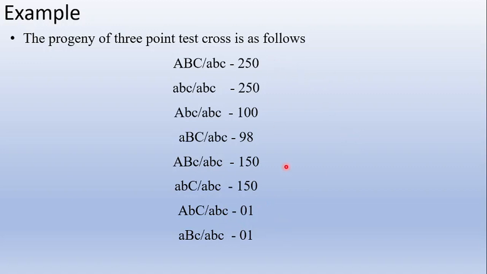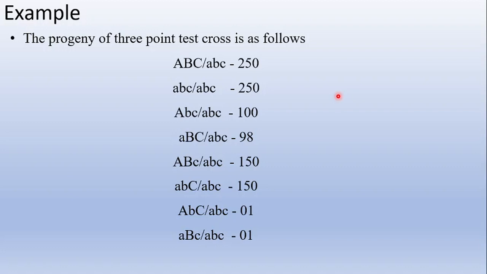Why? Because there is a deviation from the normal test cross ratio of a trihybrid cross, and moreover, if genes are linked, automatically the recombinant formation is very less due to less occurrence of crossing over.